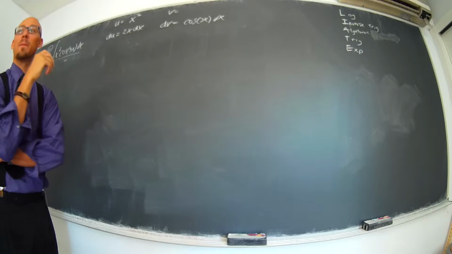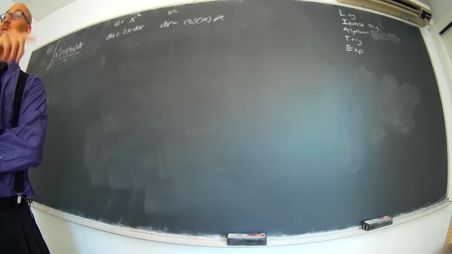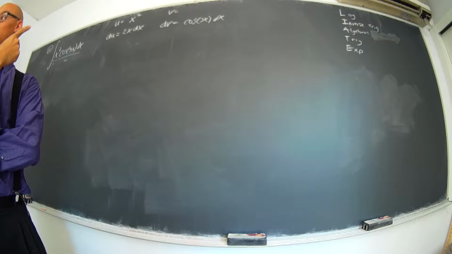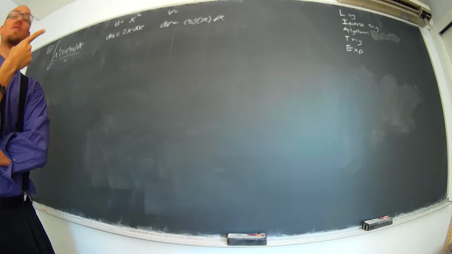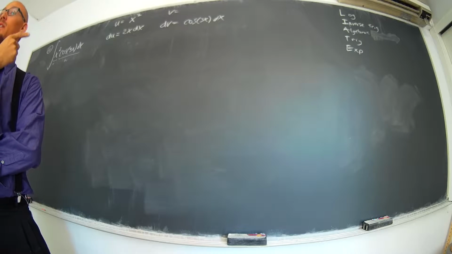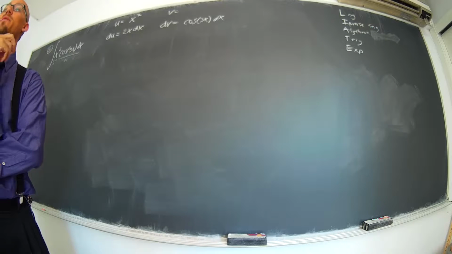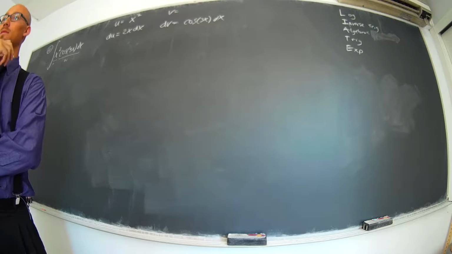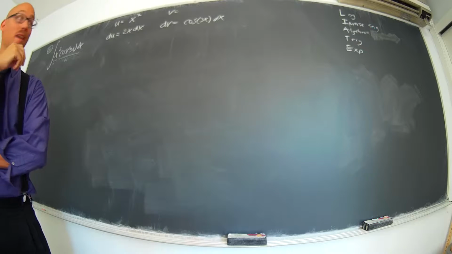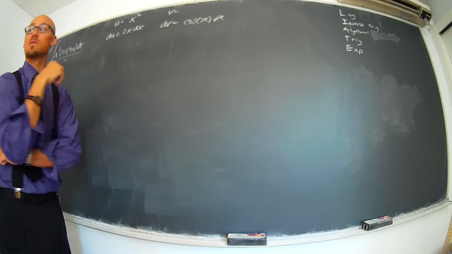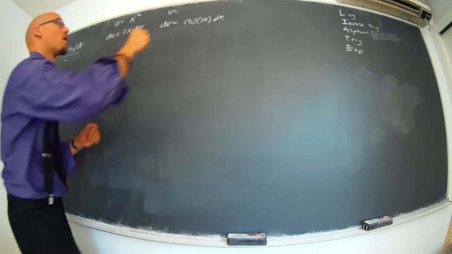The derivative of sine is cosine, but the integral of cosine x is sine. Yeah, but we're going to have a chain rule. What is the derivative of sine of 3x? Cosine of 3x times 3. So if we go backwards, we're going to need a 1/3.